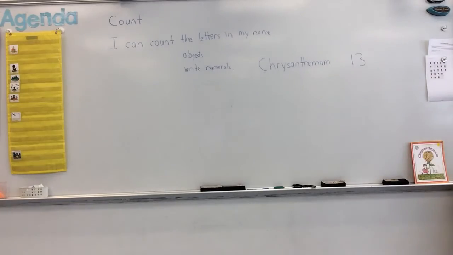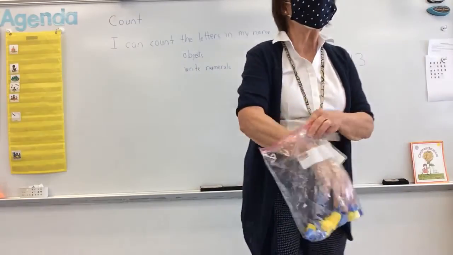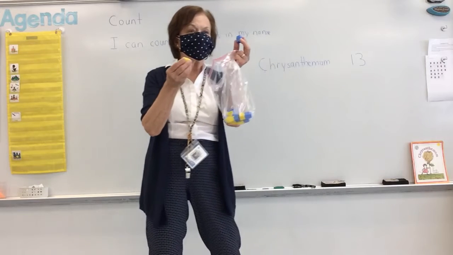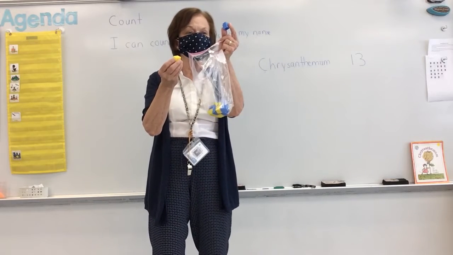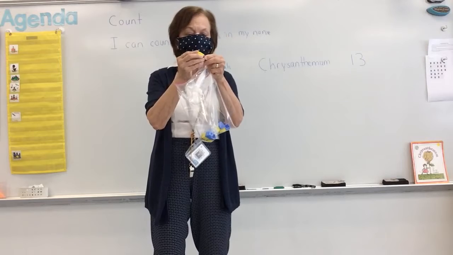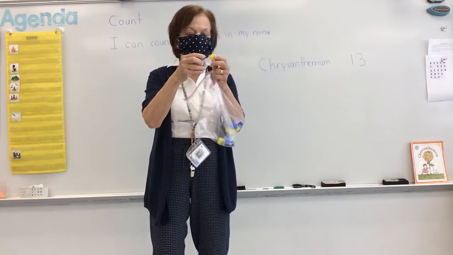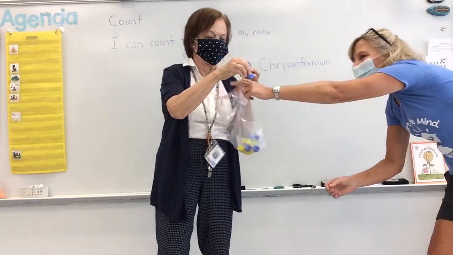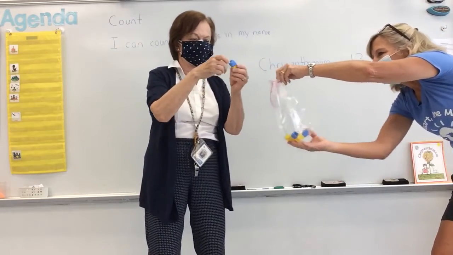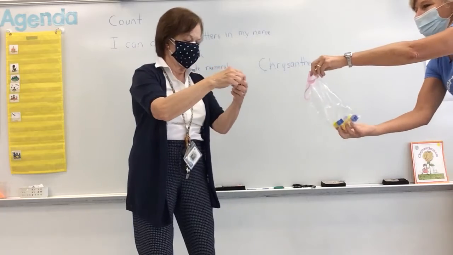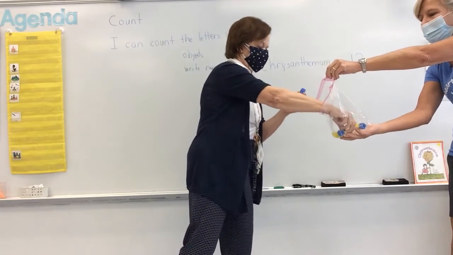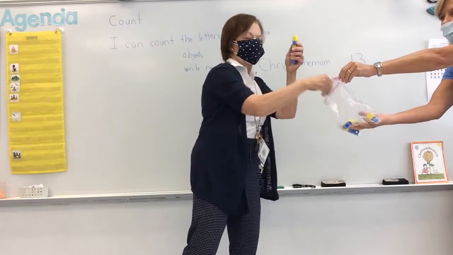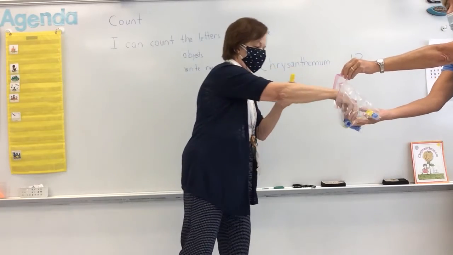I'm going to make a cube train of 13 cubes. Help me make sure I do it right. Count. 1, 2, 3, 4. Oh, there you go. 6. Hold on. What are we up to? 6. 7, 8.